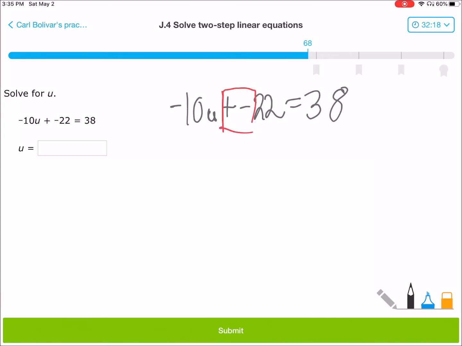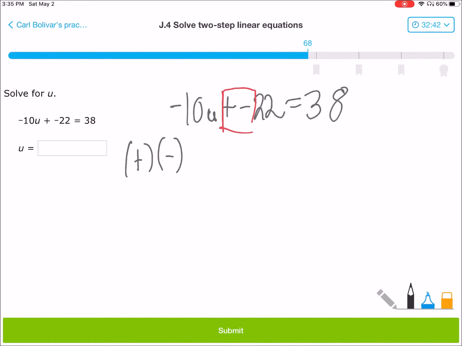That's because this plus and minus essentially are multiplying each other like that. And if you looked at our last video about solving one-step equations, we talked about how when a subtraction and addition multiply each other, something happens.